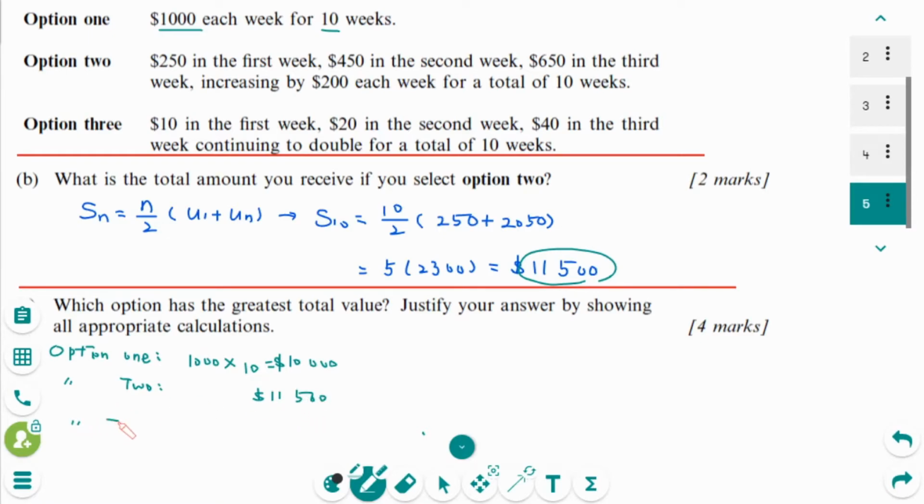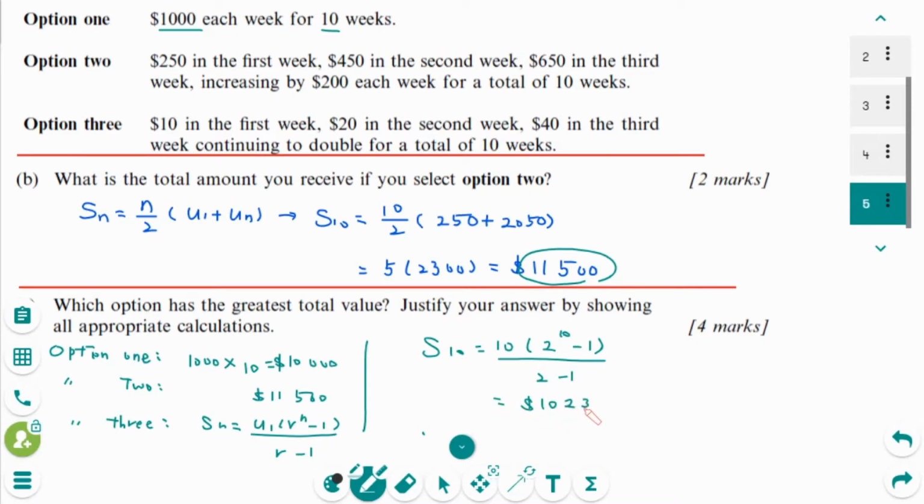Then option 3, we can use Sn equals U1 times r to the power of n minus 1 over r minus 1. S10 equals 10 times 2 to the power of 10 minus 1 over 2 minus 1, which is 10,230. So option 2 would be best.